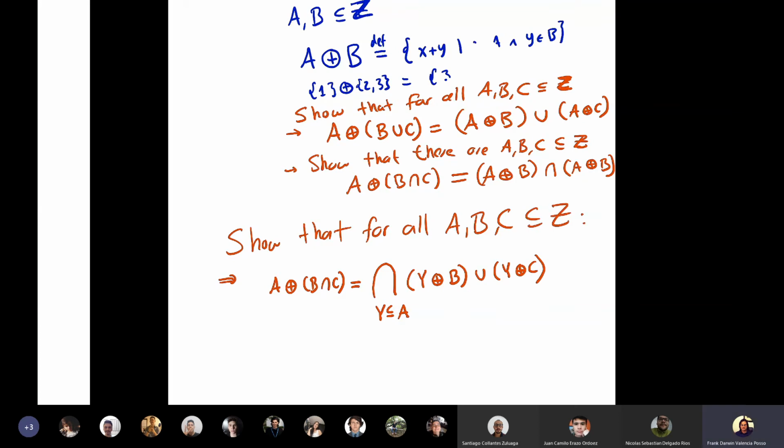So you're going to show that for any A, B, and C, this is the case. Do you have any problems with reading this equation? You understand it?